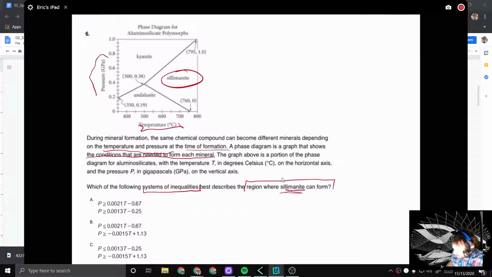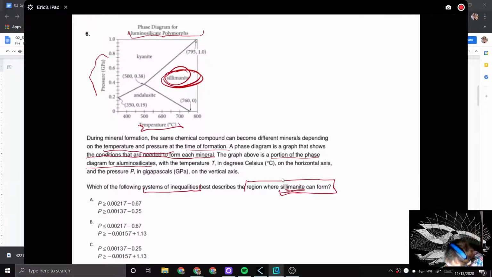The graph above is a portion of the phase diagram for aluminosilicates, with the temperature T in degrees Celsius and the pressure P on the vertical axis. Which of the following describes where sillimanite? Okay, so I do want this region. I want to figure out what this region is.